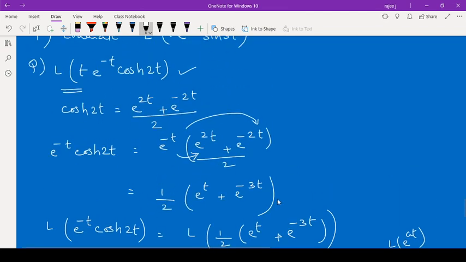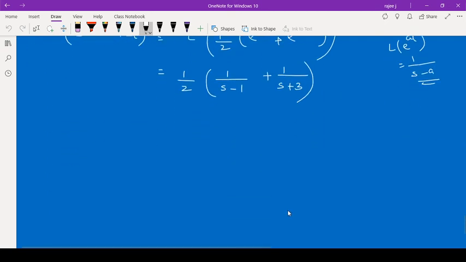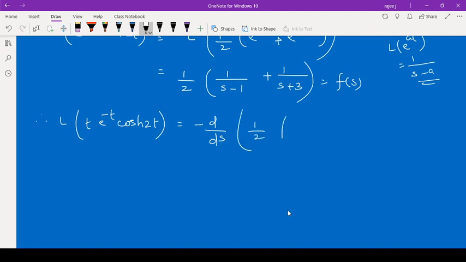Now what we have to find? We need L of t into e raised to minus t cosh 2t. Therefore, L of t into e raised to minus t cosh 2t will be minus d by ds of f of s, which is now 1 by 2 into 1 by s minus 1 plus 1 by s plus 3.